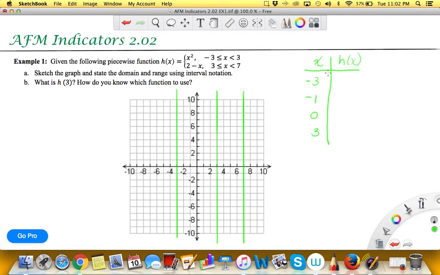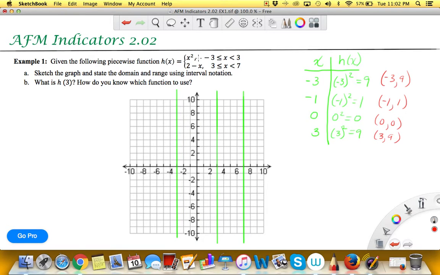I'm going to do those four values. So if I have -3 squared, then I get 9. Okay, and if I have -1 squared, I get +1. 0 squared gives me 0, and 3 squared gives me 9. So that leads to the ordered pairs -3, 9, -1, 1, 0, 0, and 3, 9.